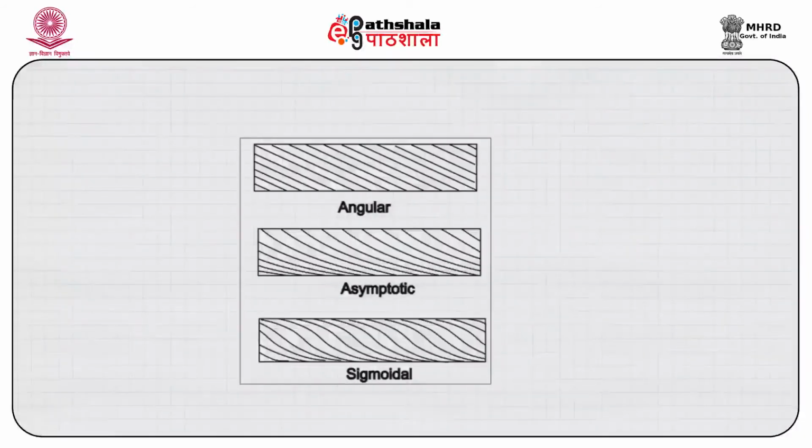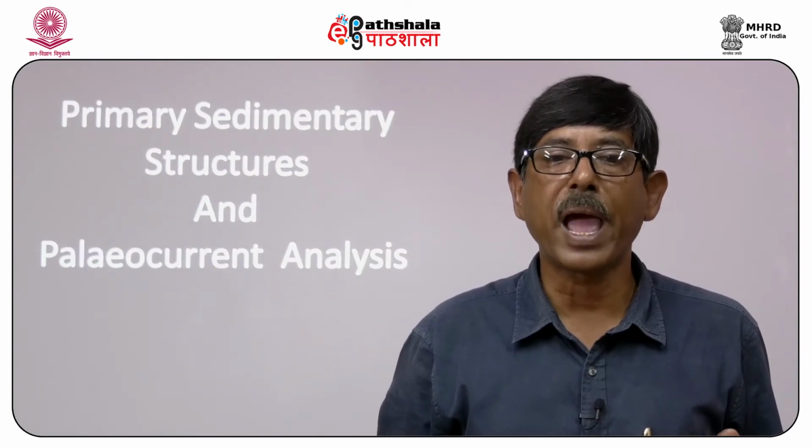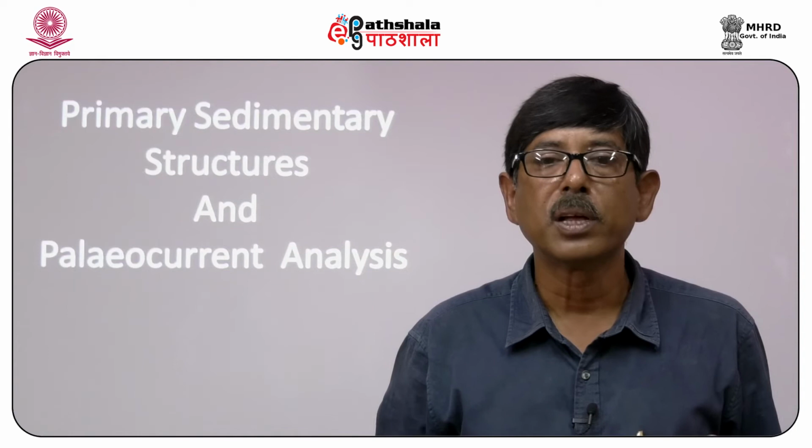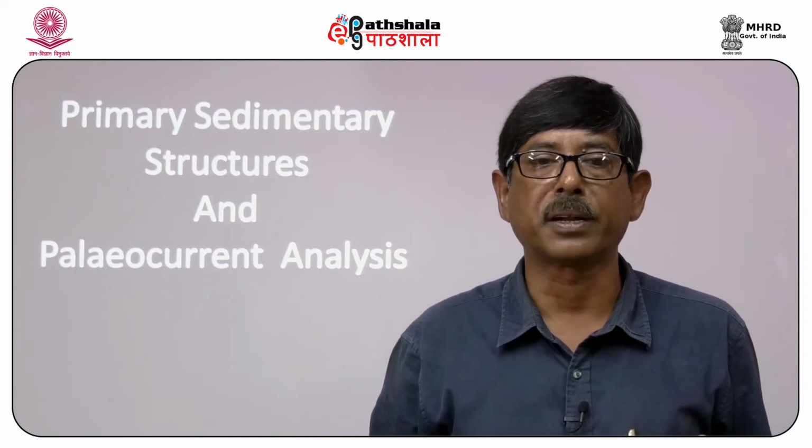If suspension load is negligible, avalanching of the bed form bed load sediment down the lee side of the ripple will produce steep and straight foreset laminae having approximately the same angle as the angle of repose. Such internal cross strata are known as angular cross strata.